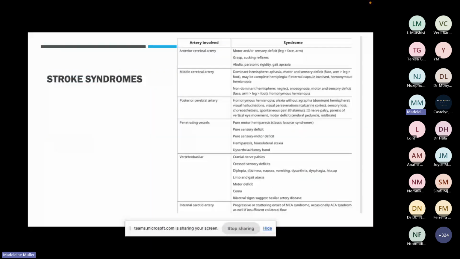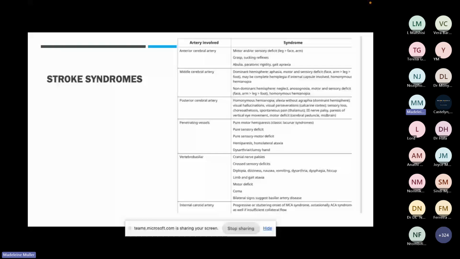All right, I will not go through the stroke syndromes, but it's just important to note that the neurological symptoms or signs that the patient may have could actually point you to where the infarct, or rather the injury, is, as the particular artery that is supplying that particular part of the brain would be the one that is injured.